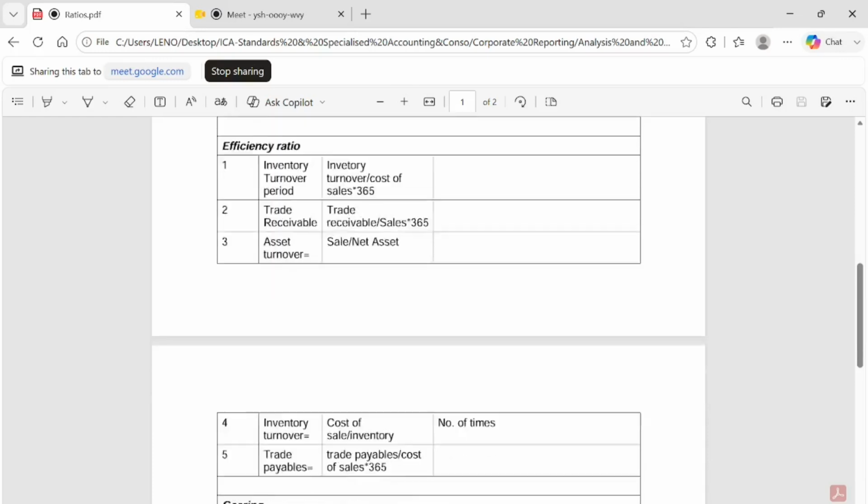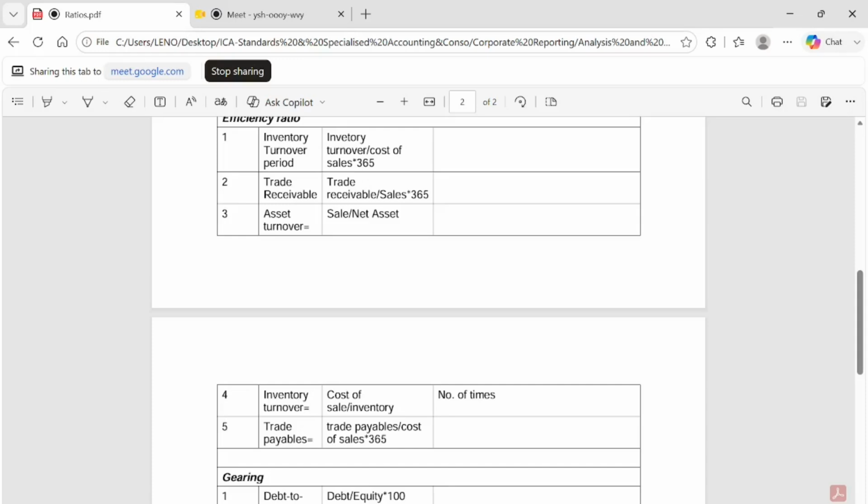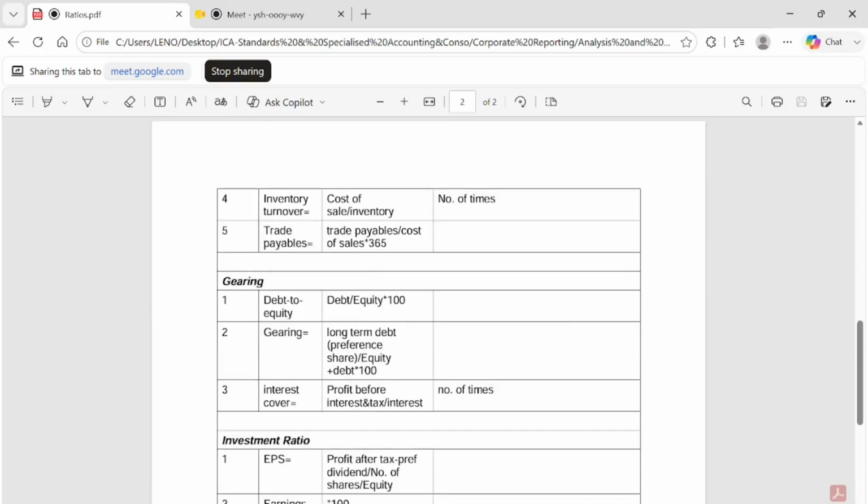Now, when you come to the reason why we bring the number of days there. Now, when you come to inventory turnover, how do you understand it? You understand? So this one will simply mean that we want to know the number of times. Assuming you have inventory for maybe 1 accounting year, how many times can you replace your inventory?